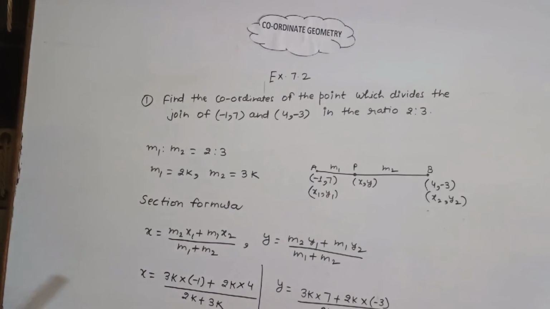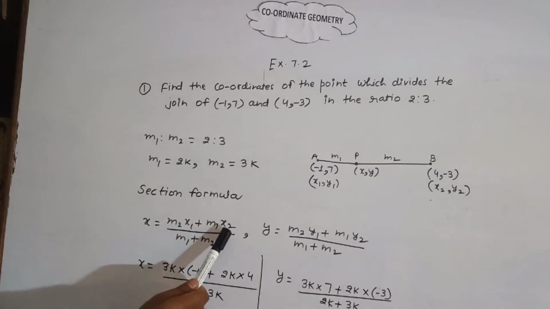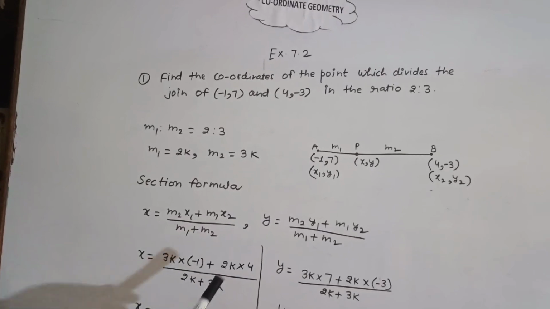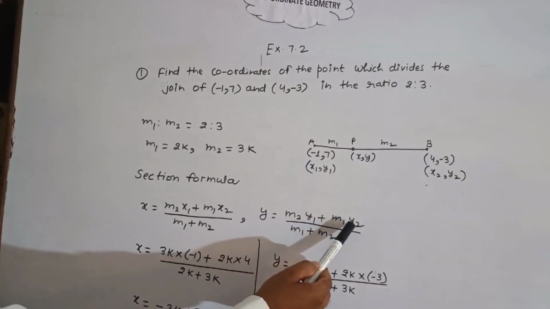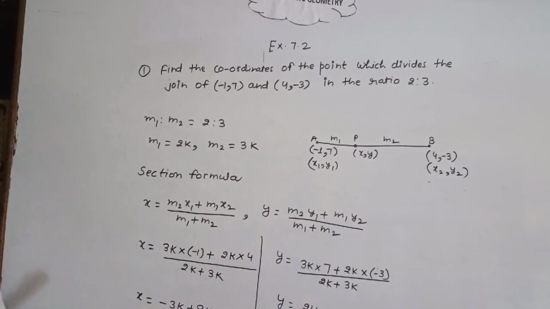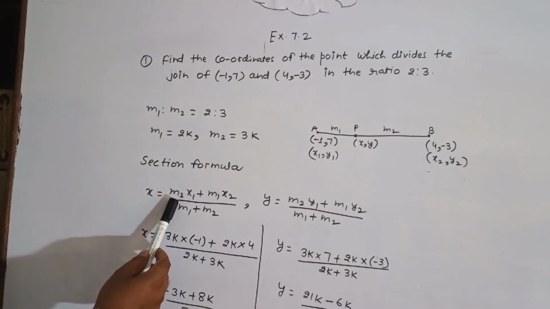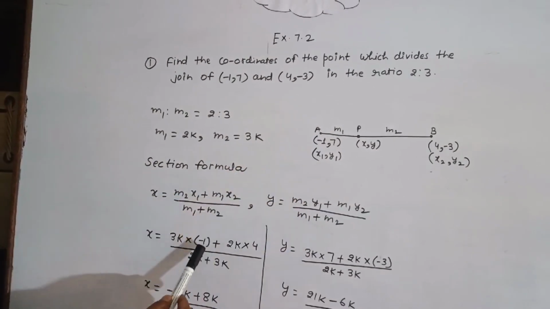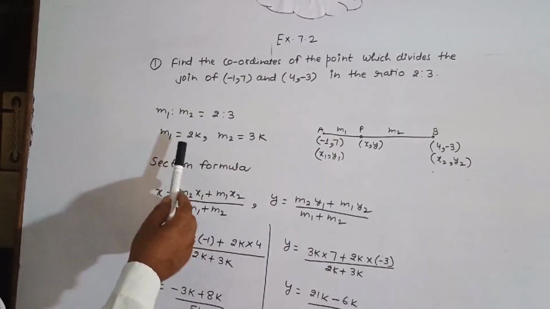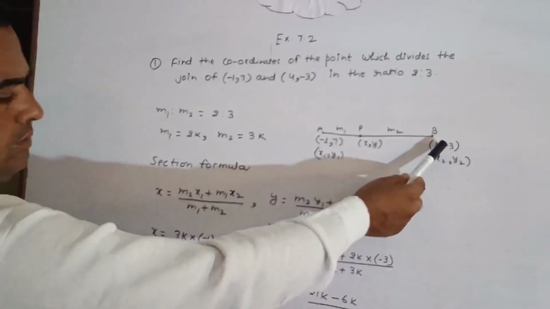We know the section formula. x is equal to (m2 x1 + m1 x2)/(m1 + m2) and y is equal to (m2 y1 + m1 y2)/(m1 + m2). We will put all the values. The value of m2 is 3k, x1 is minus 1, plus m1, this is 2k, x2, the value of x2 is 4.